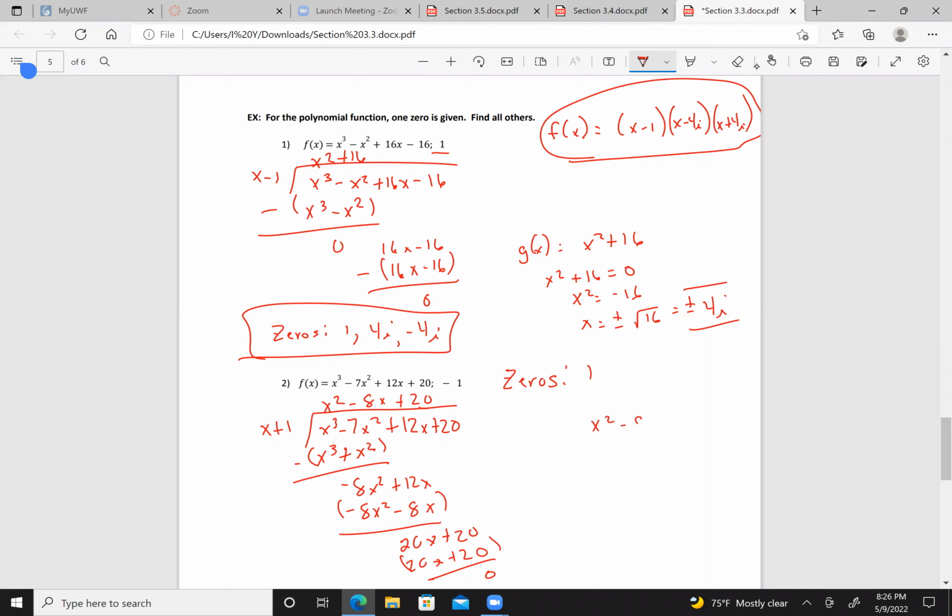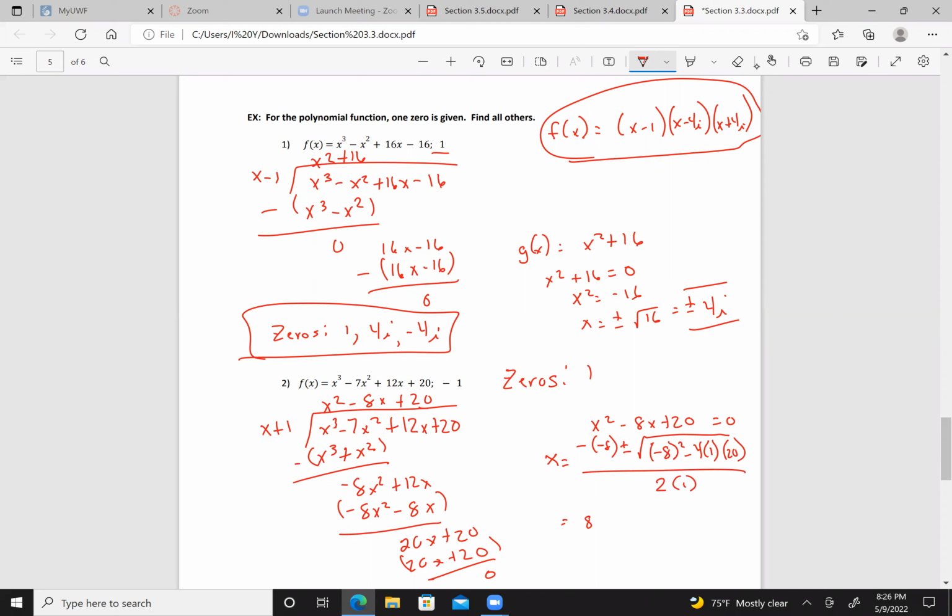So now I have x squared minus 8x plus 20. And I want to find the zeros for this. This one looks factorable. Nope, it's not factorable. So x equals negative b, which is the negative of negative 8, plus or minus the square root of negative 8 squared minus 4 times 1 times 20, over 2a, which is 2 times 1.